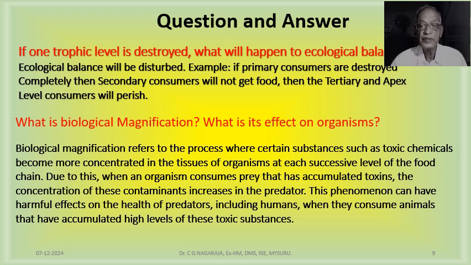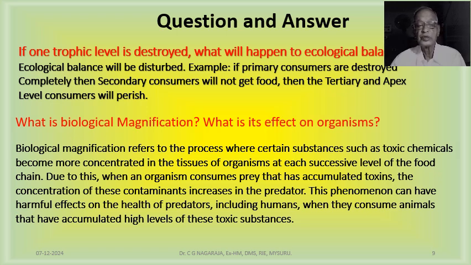And once they die, the tertiary and the apex consumer levels also will perish. So one trophic level plays an important role. Therefore, we must try to see that trophic levels are not destroyed. Sometimes people use DDT and all to kill the grass, that will perish the organisms that are living on the grass.